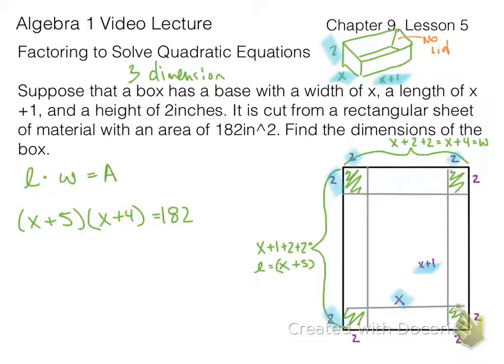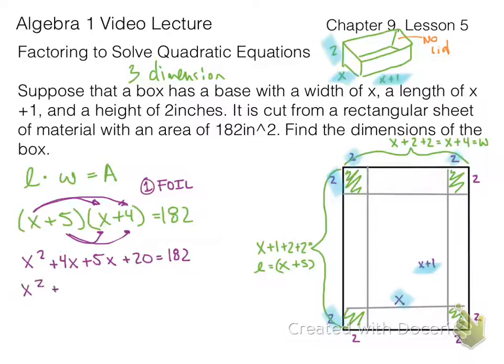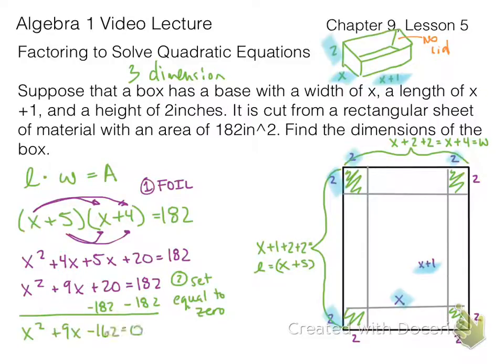But Miss DH, we can't do zero product with this. No, you can't. So the very first thing you're going to do is FOIL, because we want to get this back into a regular looking equation. And then we need to get this set equal to 0. So we're going to minus 182 on both sides, and we get x squared plus 9x minus 162 equals 0.